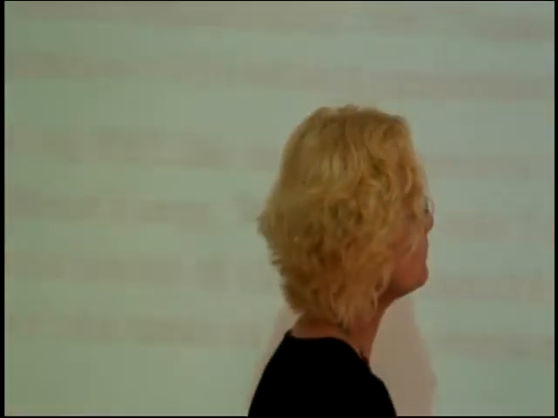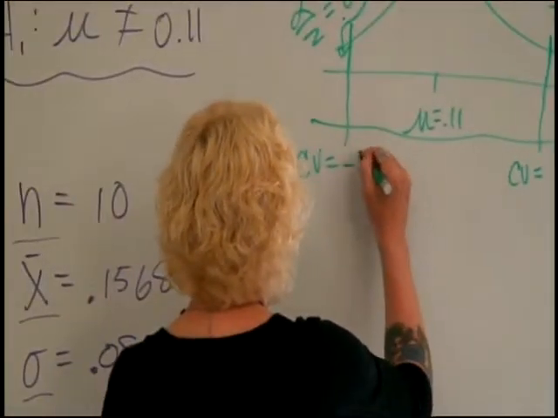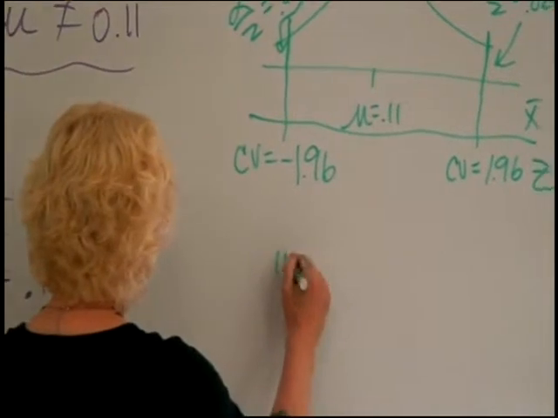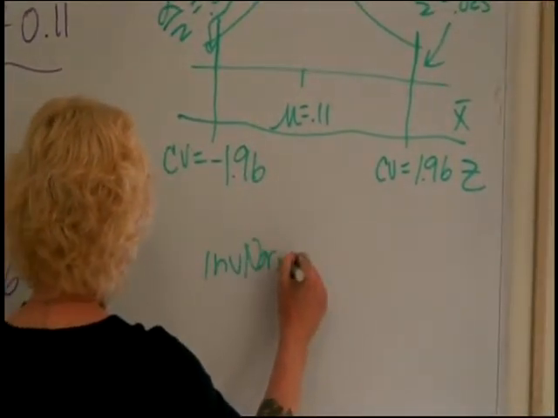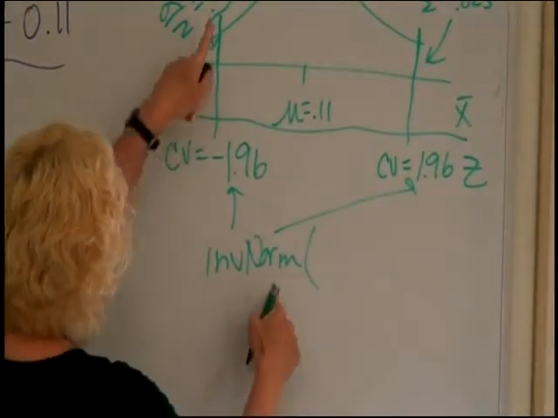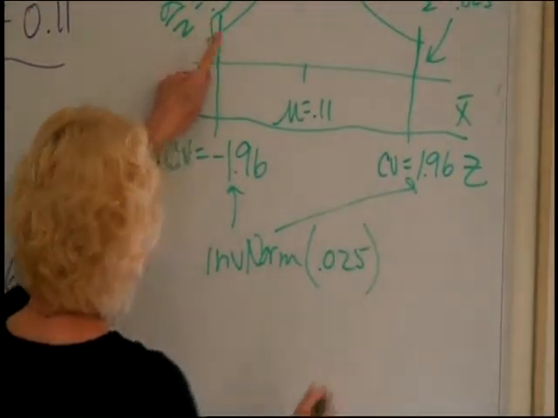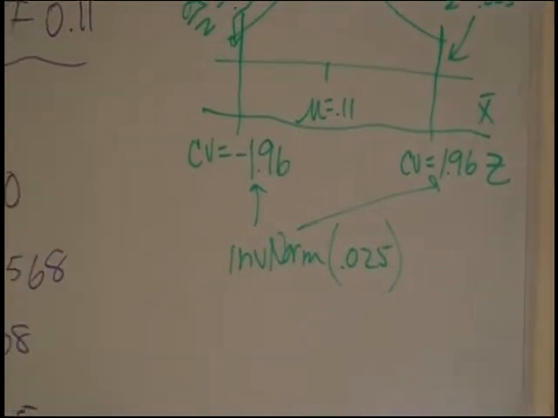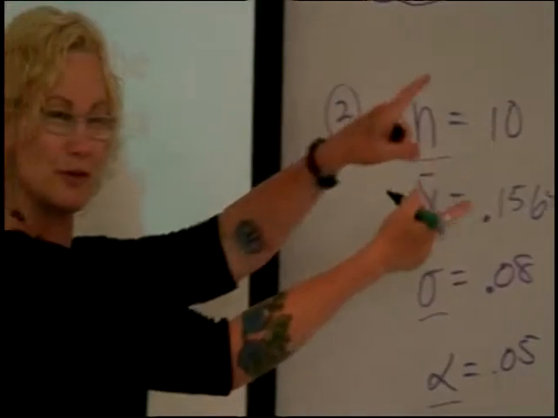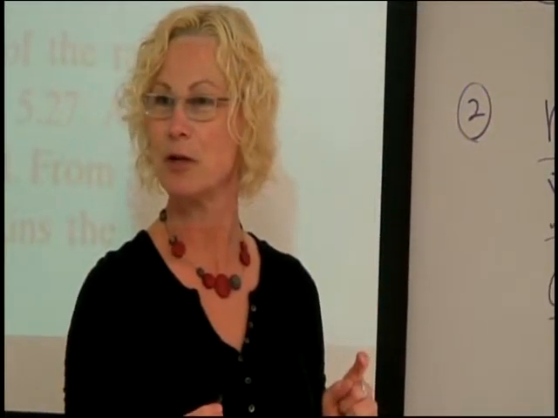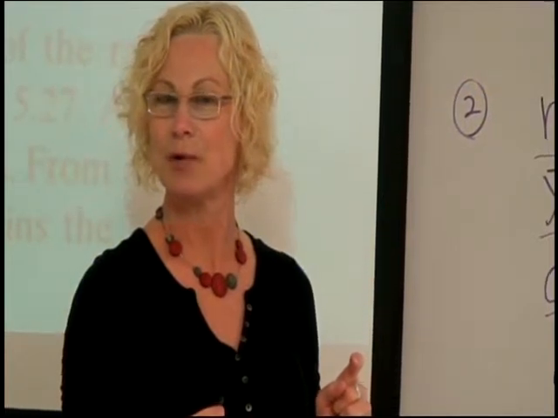Okay, so remember you can also use inverse norm and plug in how much probability is in that left tail. You'll get the left critical value and then you just find the other one by symmetry. Everybody cool? Yeah, Mike.